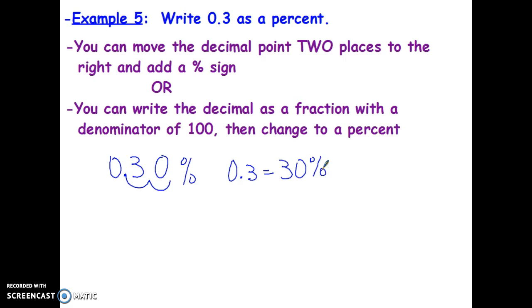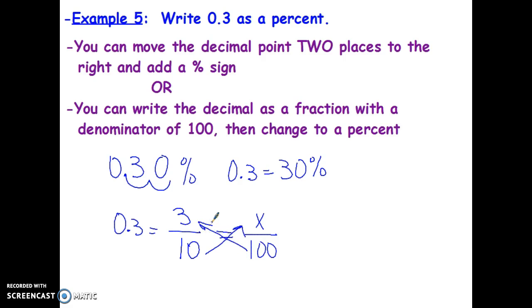Now, we talked about proportions last week. Okay, 3/10. We want to know what percent out of 100 that is. So then we can cross multiply, and I get 10x and 300.